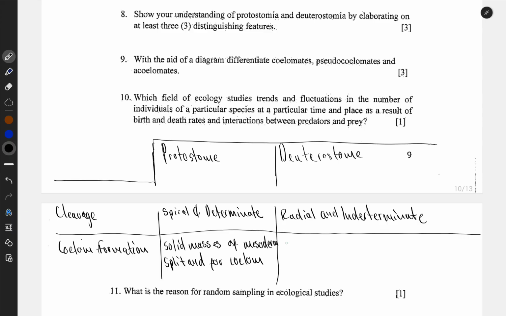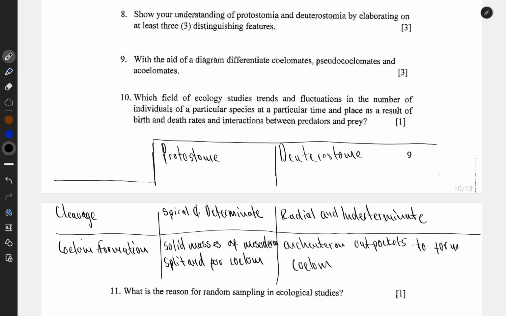Now, but what about here in the deuterostome? Outpocketing. So you can say here the archenteron, which is the wall. So you can have the archenteron out pockets or folds, out pockets to form coelom.